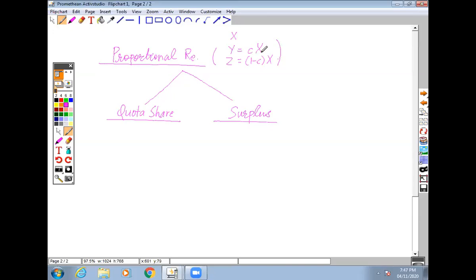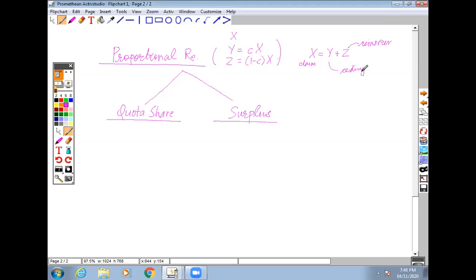Whenever I write Y as cX and Z as (1 minus c)X, I'm making sure that Y and Z, if added, sum up to X. Because each and every bit of the claim amount has to be incurred by either the direct insurance company or the reinsurance company. So this is the claim that I have, this is with the reinsurer, and this is with the ceding company.